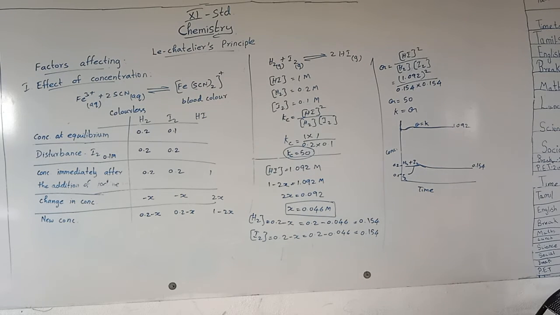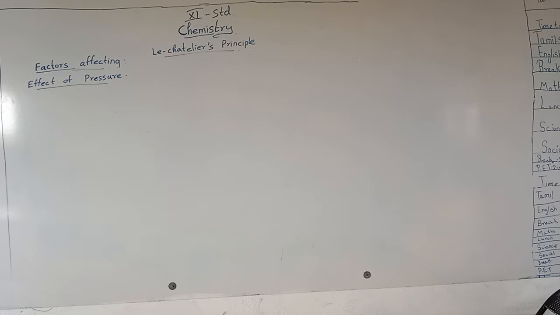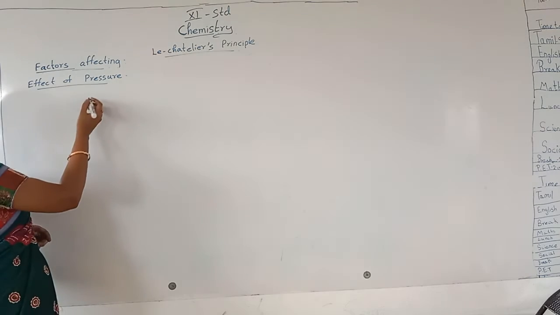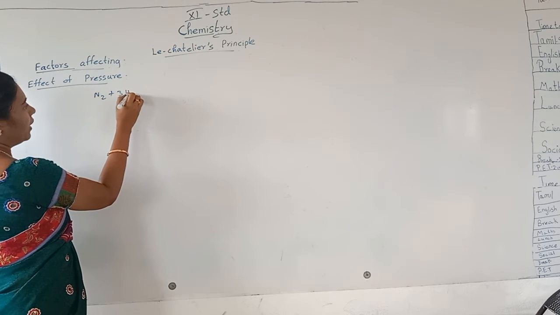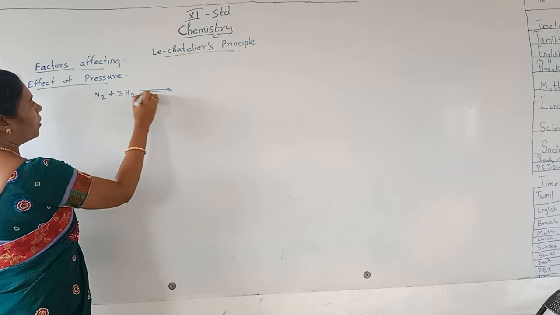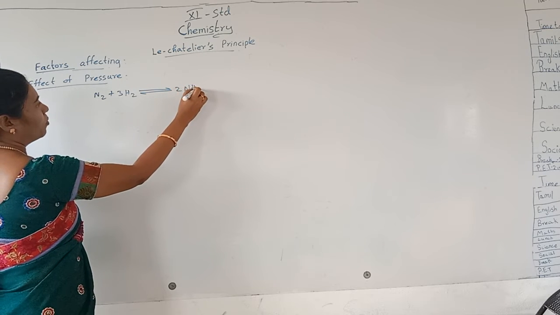Then next, the effect of temperature. The next, the effect of pressure. In the effect of pressure, the main example of an equilibrium reaction is ammonia: N2 plus 3H2 to form 2 moles of ammonia.